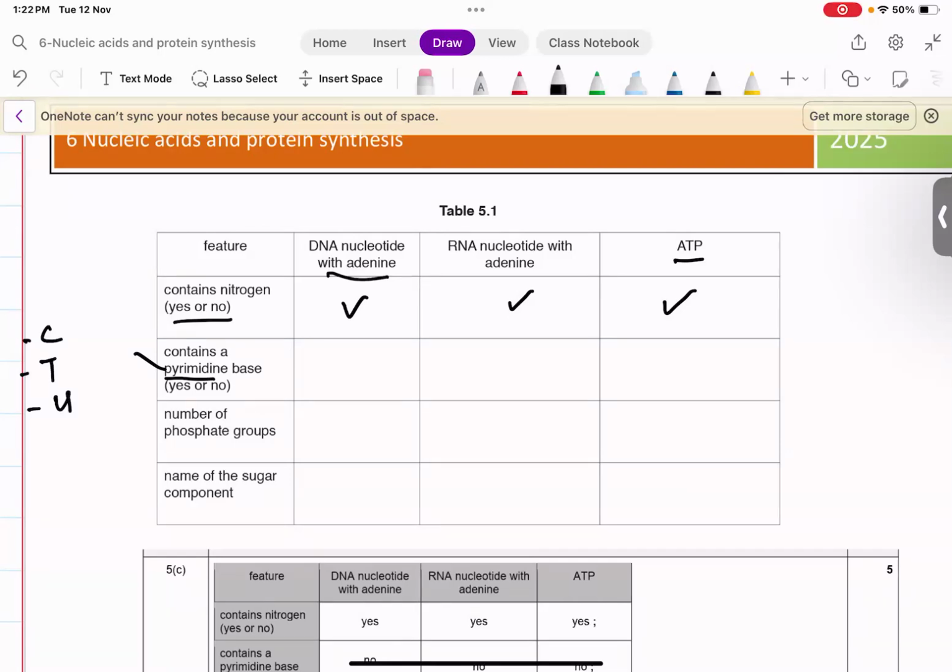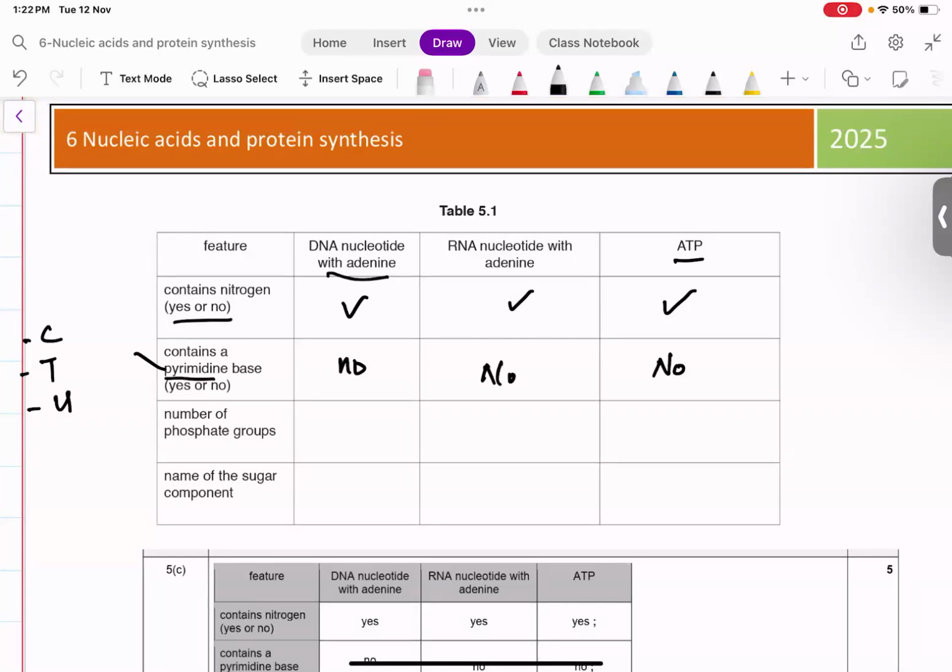So DNA nucleotide with adenine, obviously adenine is not a pyrimidine, so no. RNA nucleotide with adenine, adenine is obviously not a pyrimidine, it is a purine, so no. ATP, because it has adenine, obviously no. It is a purine base.